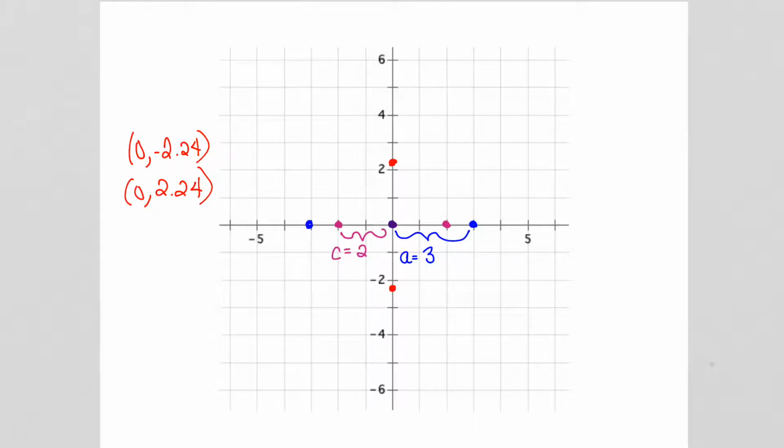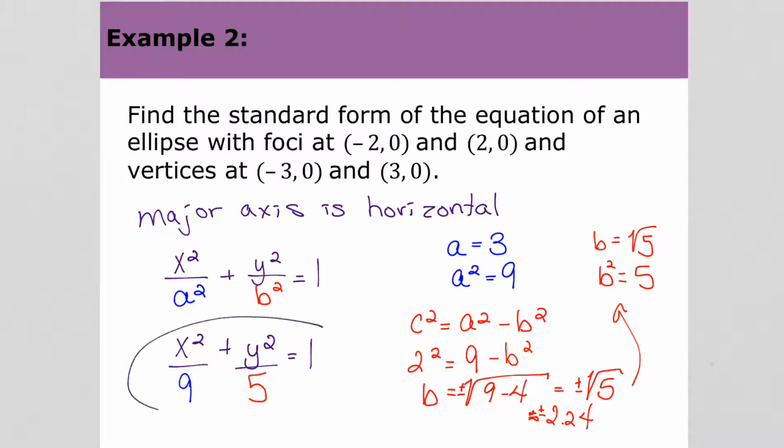Something like that. And now we can graph our ellipse. And there we go. And remember, our equation is this right here. X squared over 9 plus y squared over 5 equals 1.